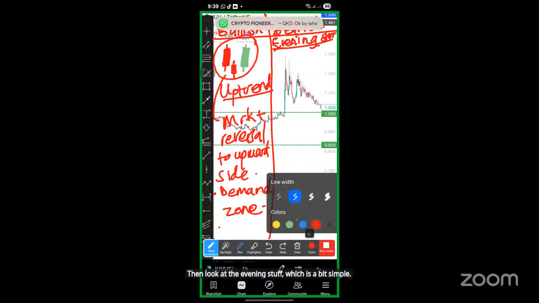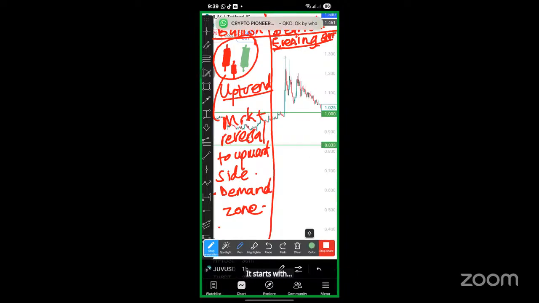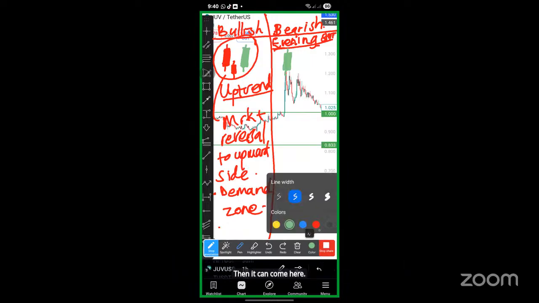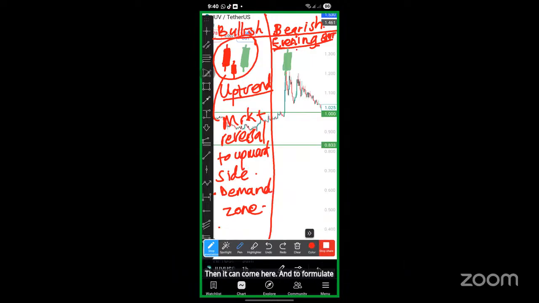It starts with a bullish candle where the market has been trending upwards. Then it can come here and form a red candle that is smaller in size, but to the upward side like this. Then after, it forms a big red candle that indicates stronger volume to the downward side.